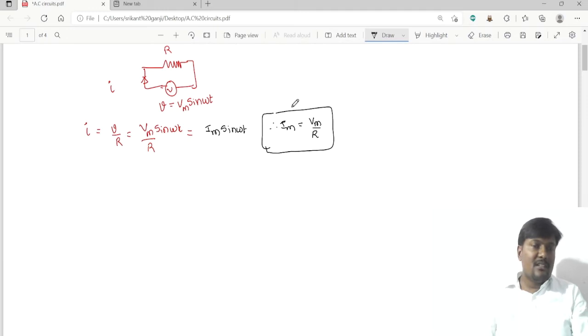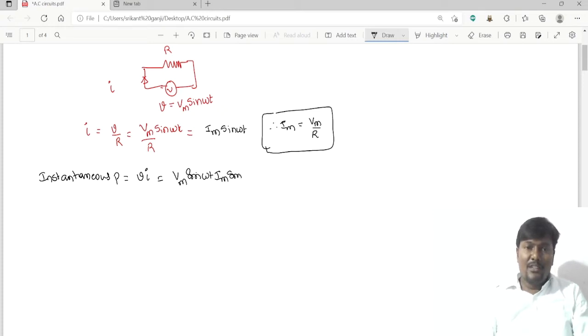What is meant by instantaneous power? The instantaneous power P is a product of voltage and current, so Vm sin omega t into Im sin omega t. That is equal to Vm into Im sin square omega t.